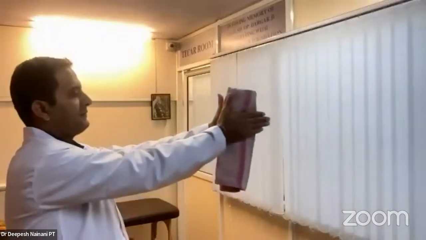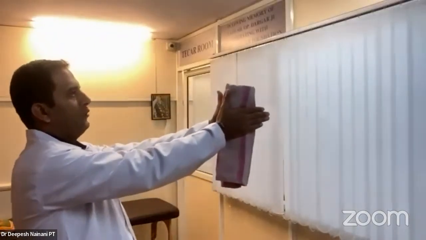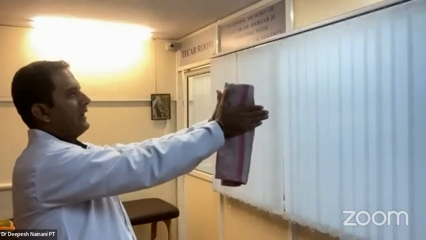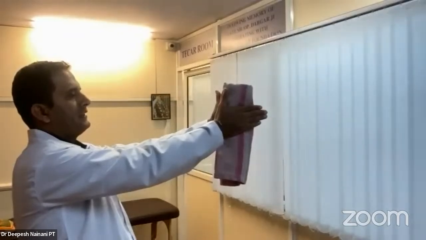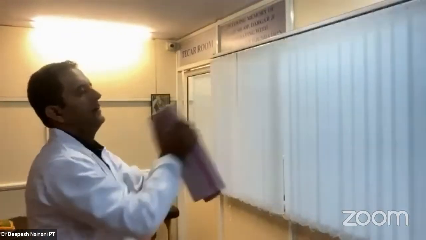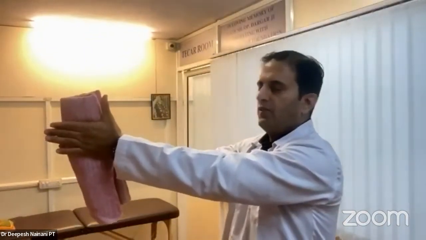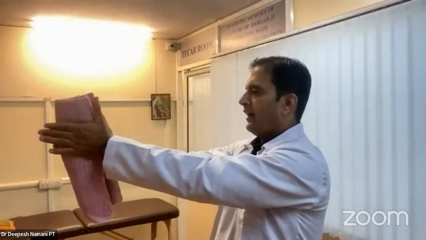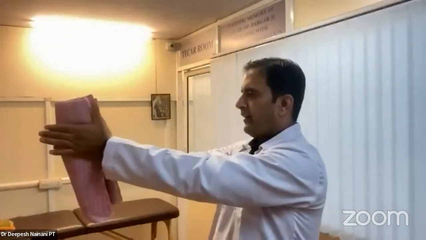You can see. 1, 2, 3, 4, 5, 6, 7, 8, 9, 10. 1, 2, 3, 4, 5, 6, 7, 8, 9, 10. These are the basic three exercises for elbow joint pain, including tennis elbow and golfer's elbow.